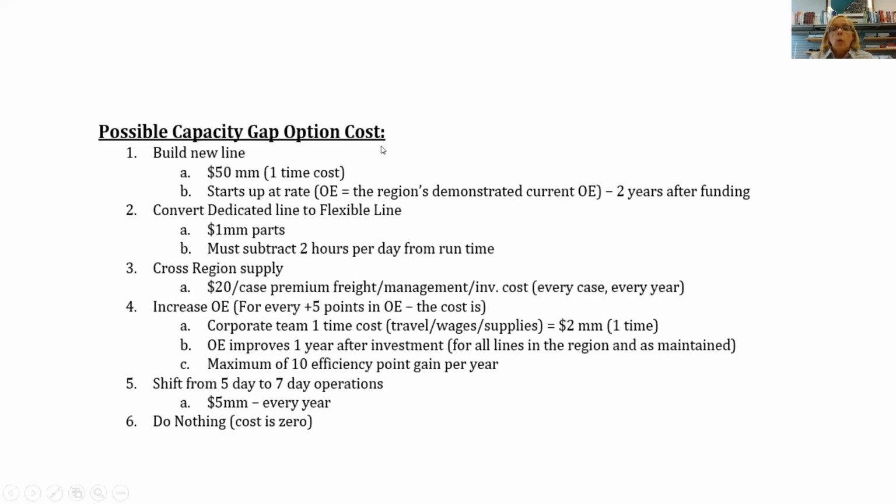If we think about what's going on, it's possible that we could build a new line. But look at the cost of that. One time, $50 million. And not only that, it's going to take 2 years after we fund it for it to be able to come online.